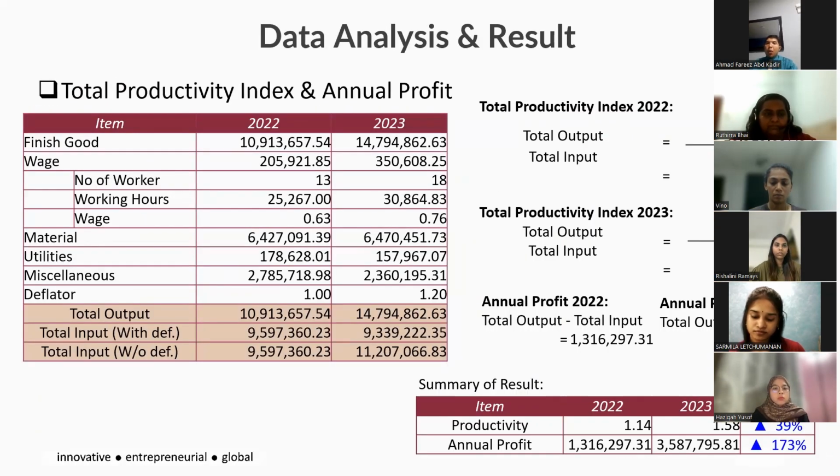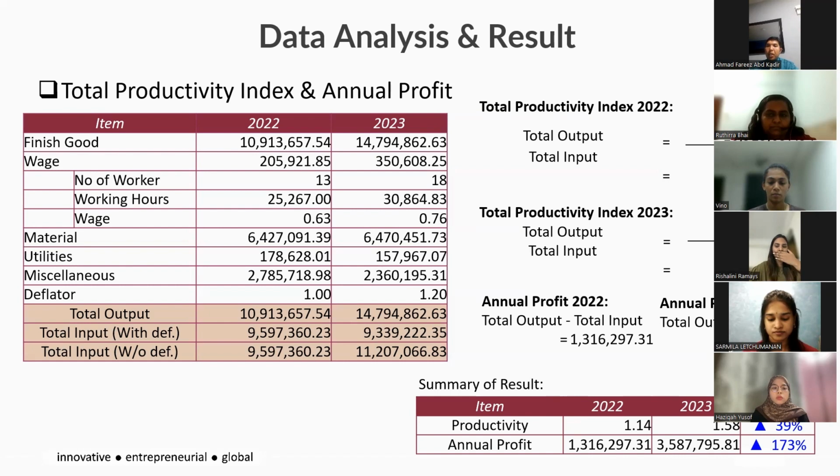Okay, this is our first tool we are using, which is the total productivity index and annual profit. It shows the comparison between two different years, 2022 and 2023. For the first one, we can see that total output is increasing from 2022 until 2023. At the same time, the input without deflation is increased, but with deflation is decreased.